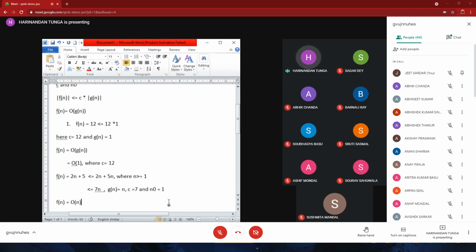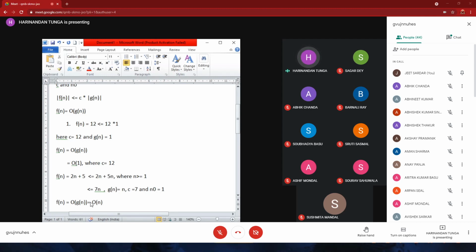Now we can express f(n) equal to order of g(n), equal to order of n.